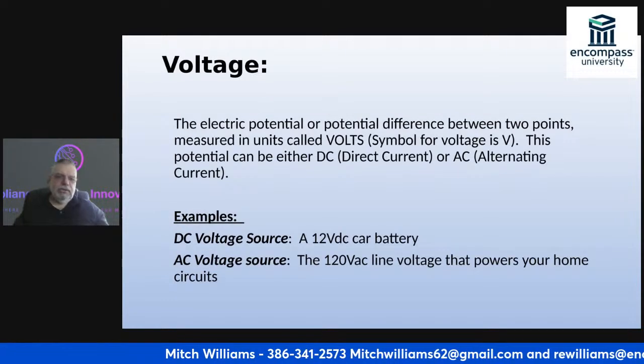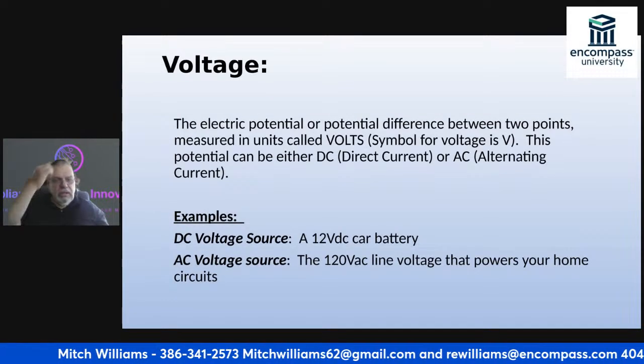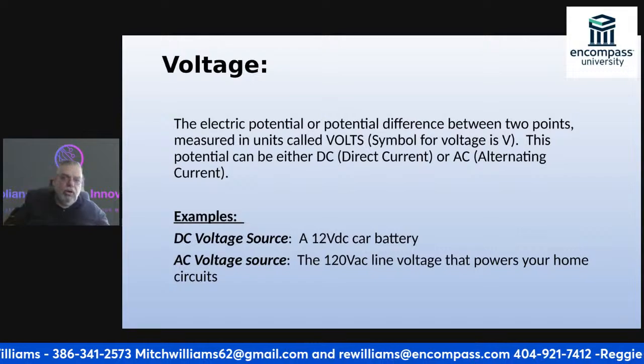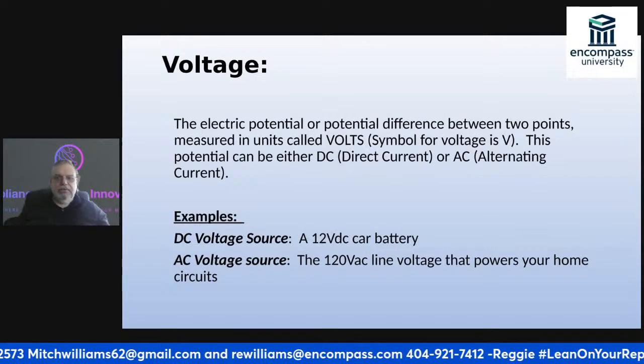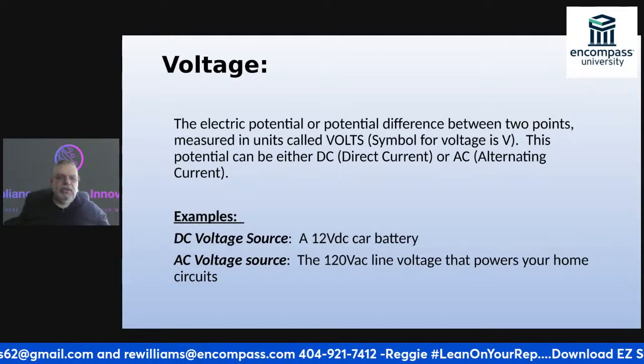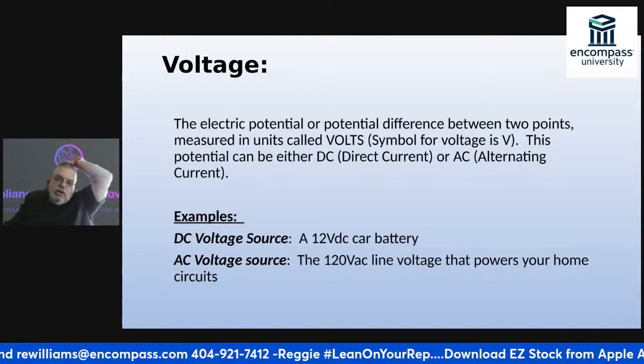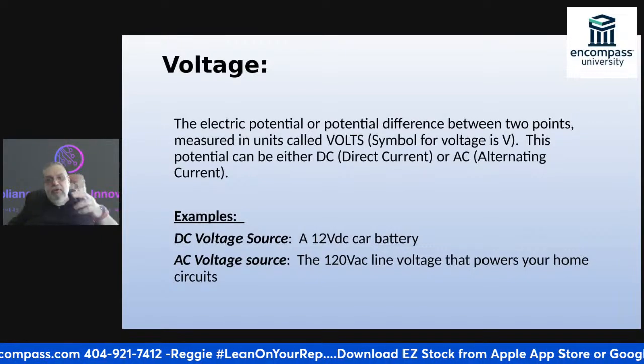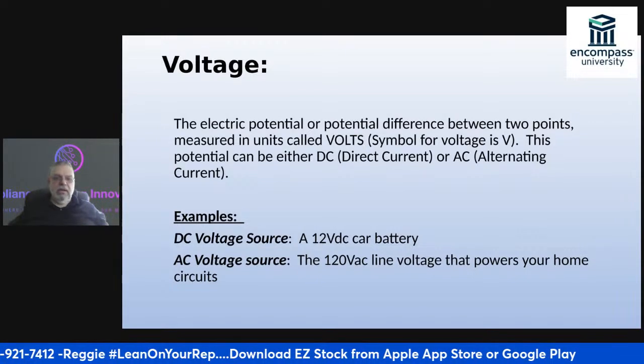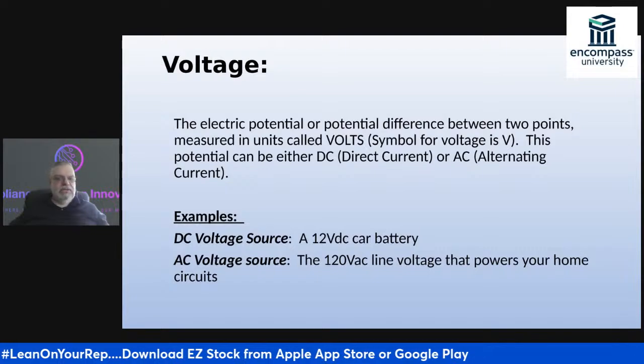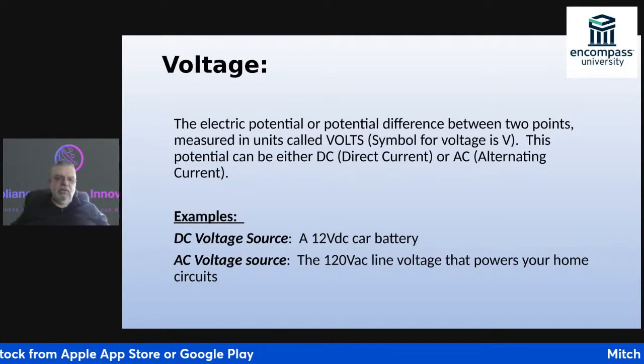Okay, voltage, the electrical potential difference between 2 points, is measured in units called volts. The symbol for voltage is V. The voltage can be either AC, alternating current, or DC, direct current. I said those backwards, but it's still the same.